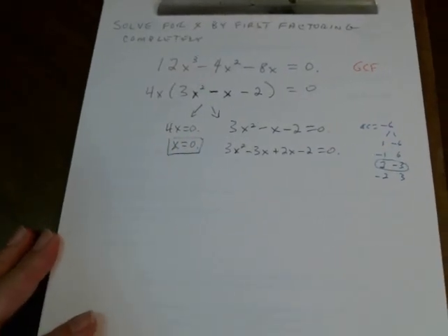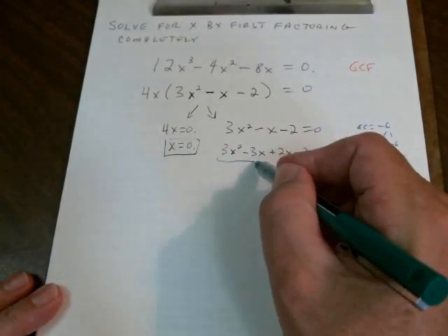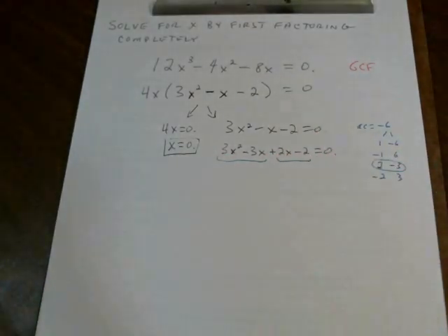And now we're right square in the middle of the AC method, which involves always, in part, factoring by grouping. As I always do, I'm going to underline the grouped terms.